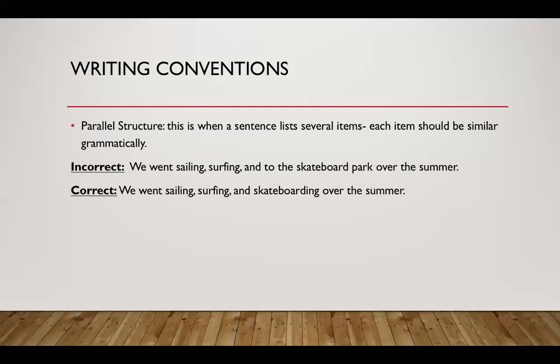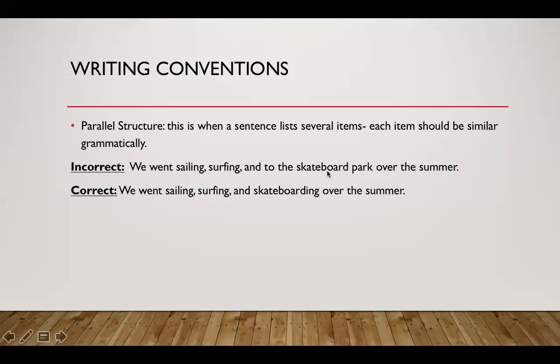So you might be saying, Lisa, I don't understand what the difference is. What's happening here is that you essentially have sailing as an action word, surfing as an action word, and then skateboard park is not an action word, it's a place.